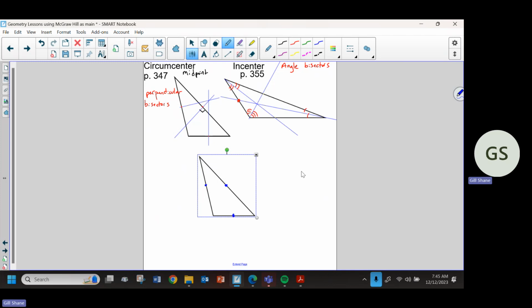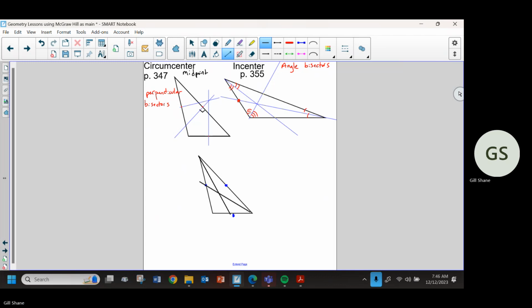So if I drew in actual lines, going from angles through midpoints, kind of somehow got off the line, it's fine. Write that one down. So if I draw from angles to midpoints, that's medians. And that was the centroid.